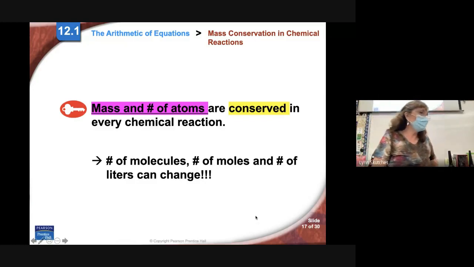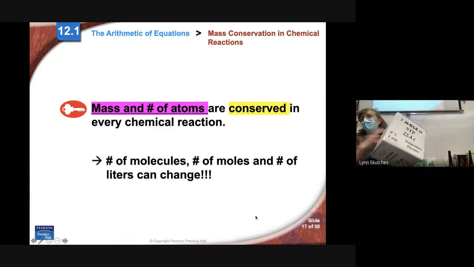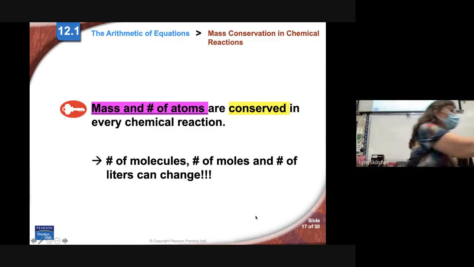The number of moles can change. And if you're dealing with gases, if the number of moles change, the space they take up, the volume, can change as well. The only thing that stays constant left and right in a chemical reaction is total number of atoms and total mass.